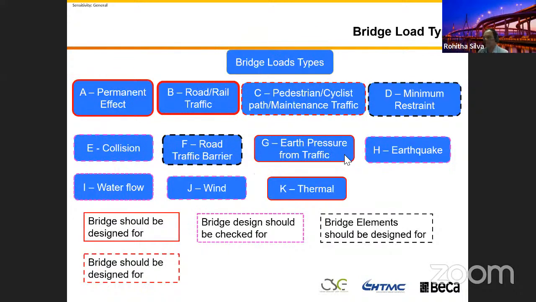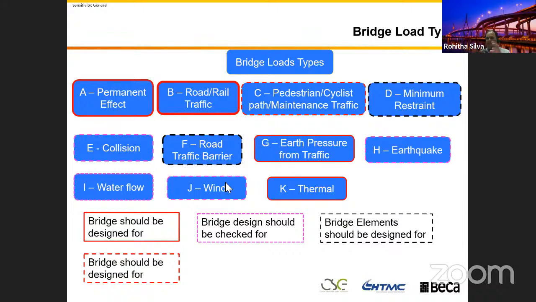Then, with everything we have there, we categorize the loading again to understand better and to combine them together to design the bridge. We categorize them A, B, C, D, E, F, G, H, I, J, K: A is the permanent load, and then the traffic load. F is the flood load, G is the earth pressure load, K is the wind load, and H is the earthquake.